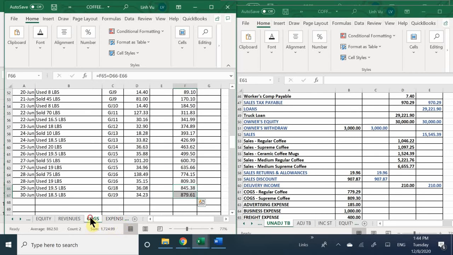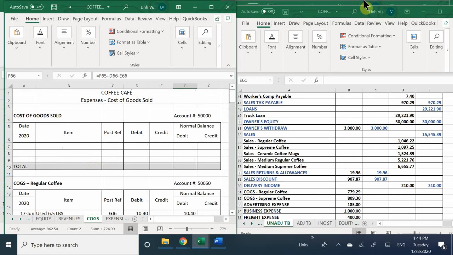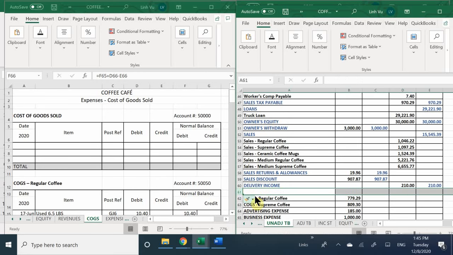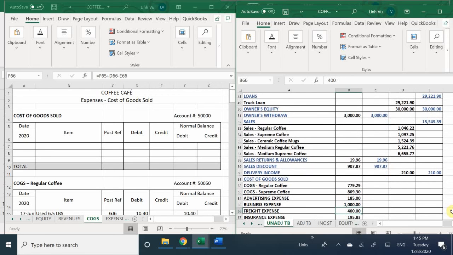Now let's go ahead and do our cost of goods sold. So again, it is going to be a main account. It's just going to be cost of goods sold. So insert cost of goods sold. Now we're going to go look at our COGS for regular coffee.